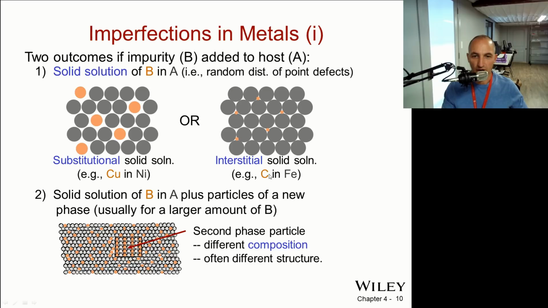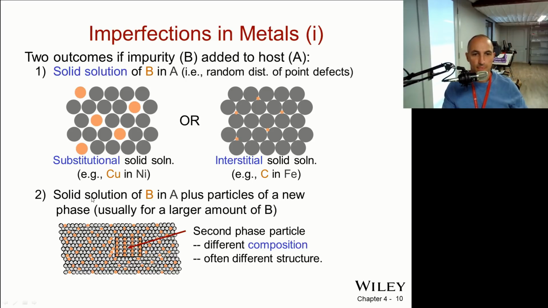This might occur with carbon in iron. Look at the periodic table. You'll see how much smaller carbon is, or how much higher up it is in the periodic table than iron.